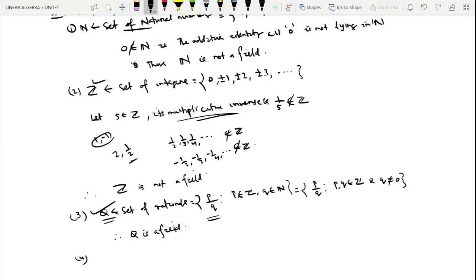Similarly, if you check the set of real numbers and the set of complex numbers, R and C are also fields.